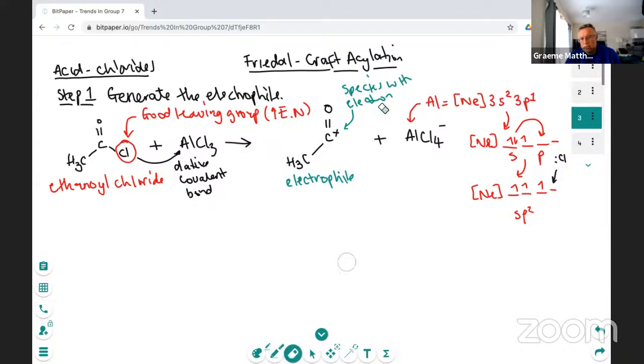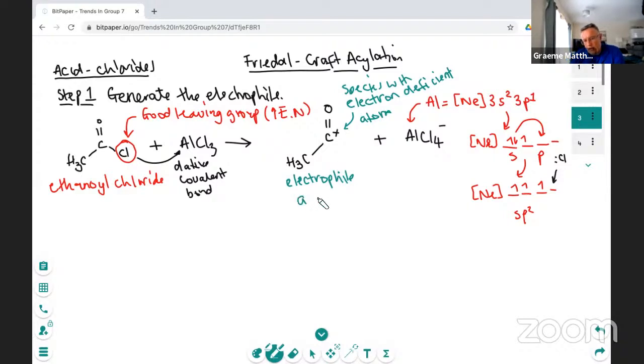Okay, hold on. Electron deficient atom. Right. Now, having said that, the one we're talking about then is the acyl ion.